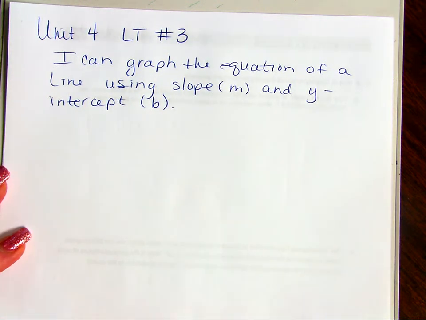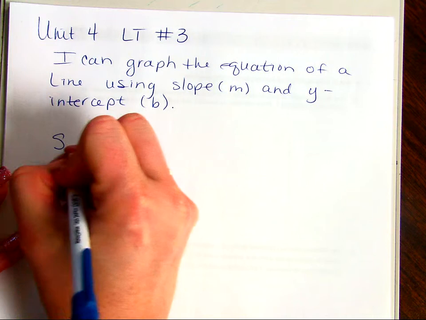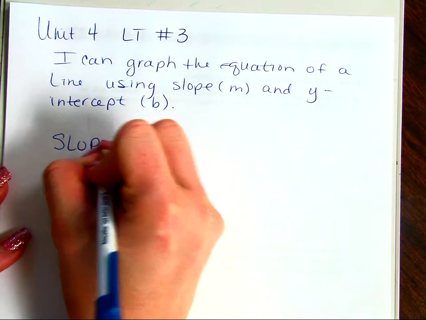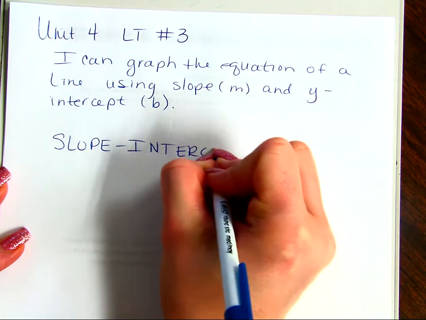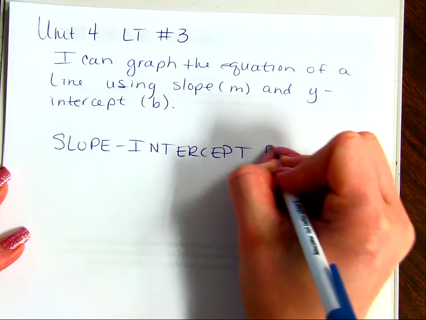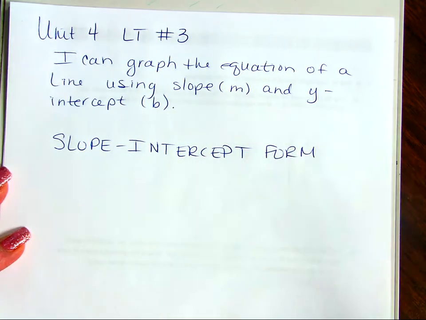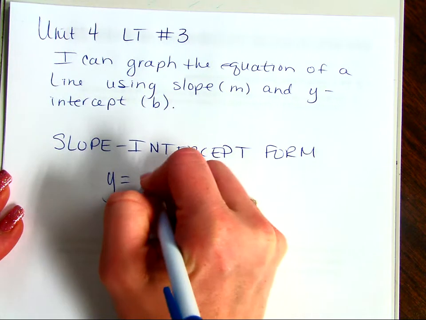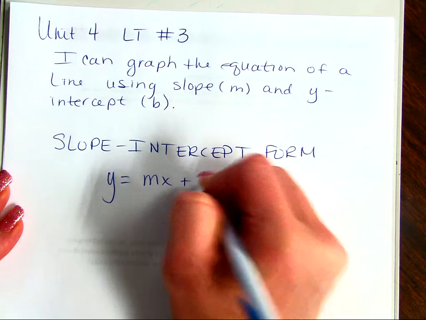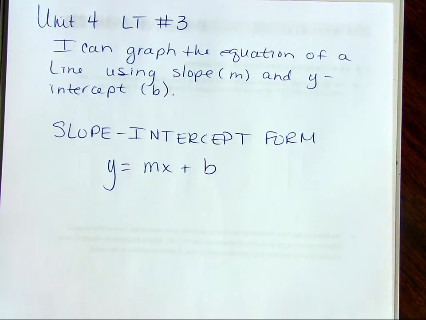So first thing I want you to know is slope-intercept form. And they call it slope-intercept form for a reason, because just by looking at the equation, y equals mx plus b, you know the slope and you know the y-intercept.